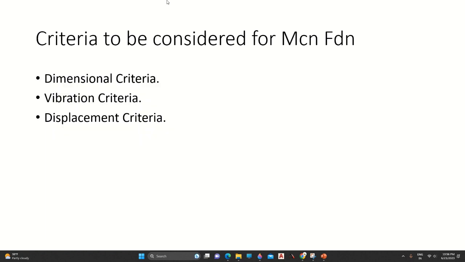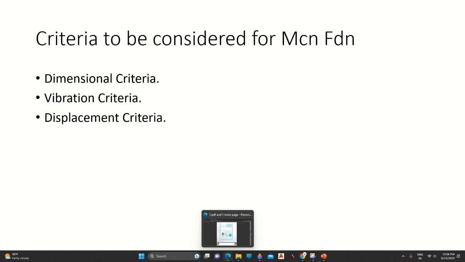When you come to the criteria to be considered for machine design, one is dimensional criteria, another is vibrational criteria, third is displacement criteria. Dimensional criteria means sometimes you need to check whether it is okay in sliding and overturning.